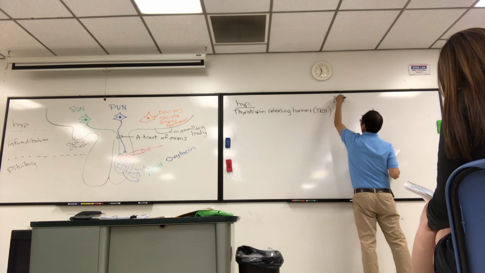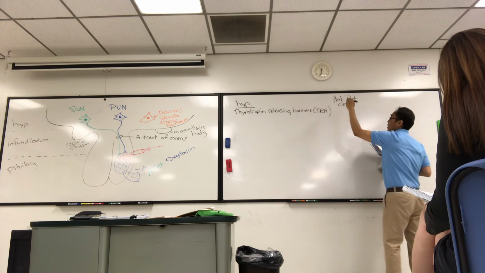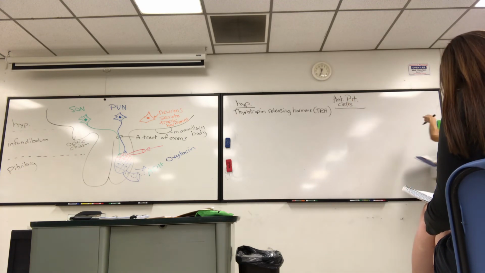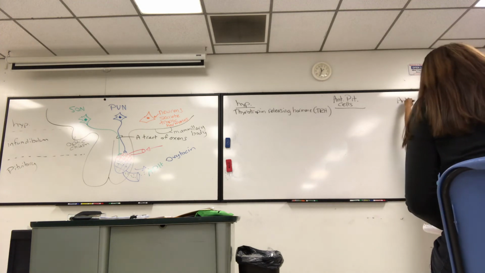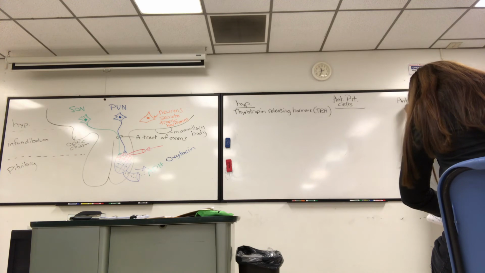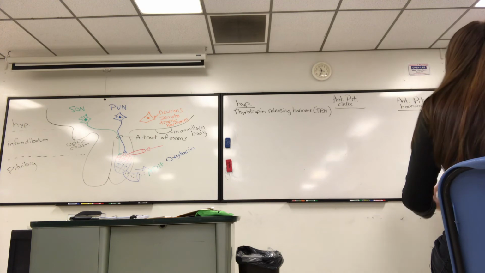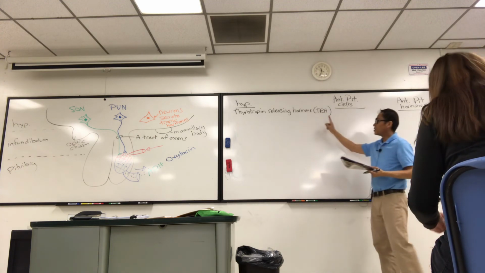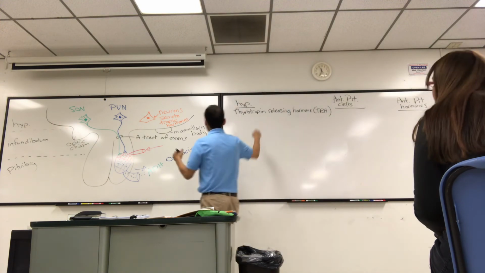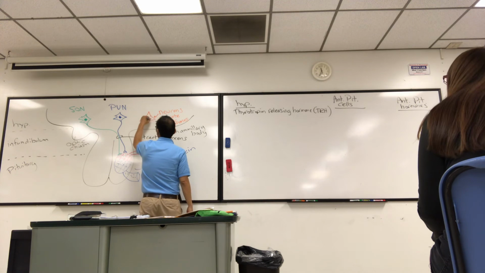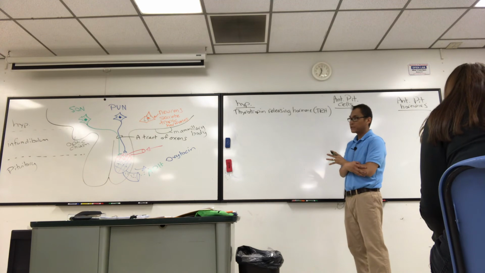I'll make a column for ant pit cells, and a third column for ant pit hormones that are secreted. Well, anyways, let's talk about TRH. It's made here, and somehow you have to get it into the bloodstream.